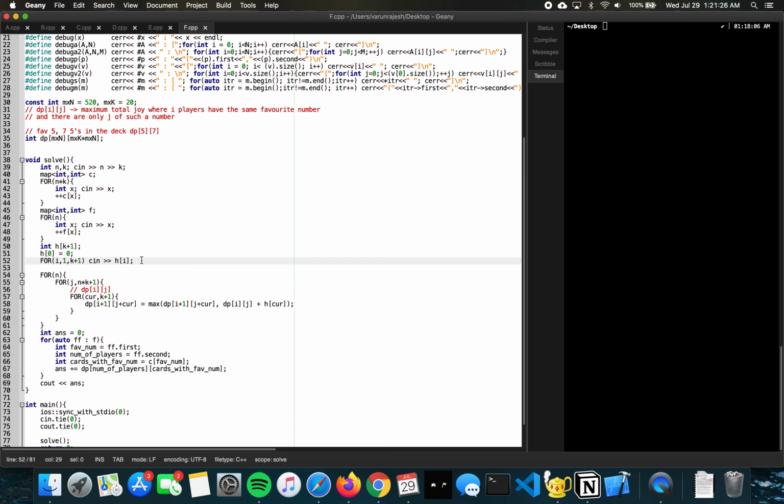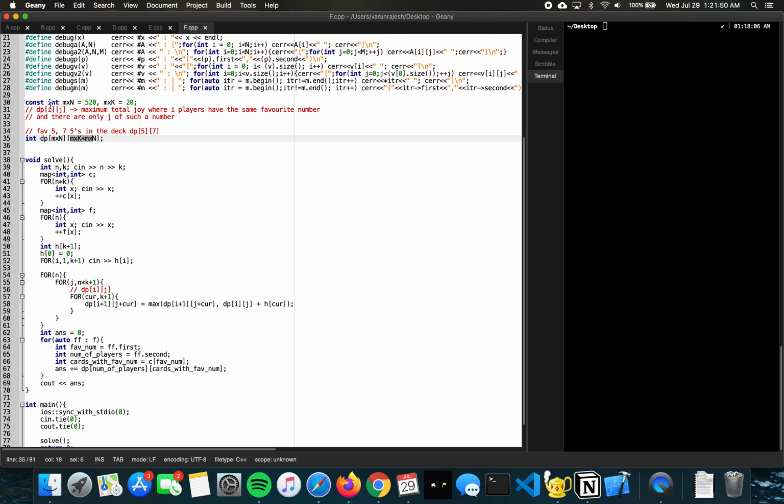So now how do we solve this? We have this huge table called DP, in which in this column we will store the number of people that have those favorite cards, and here we'll store the number of cards that are their favorite number.